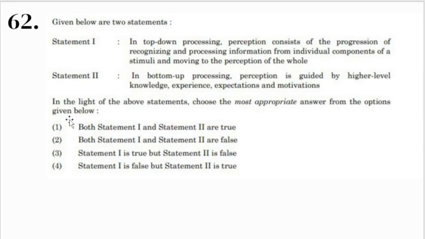Moving ahead to question number 62. Please read the question. There are two statements and then answer. Okay, I'll read the question then. So there are two statements. The first statement says that in top-down processing, perception consists of recognizing and processing information from individual components of stimuli and moving to the perception of the whole.